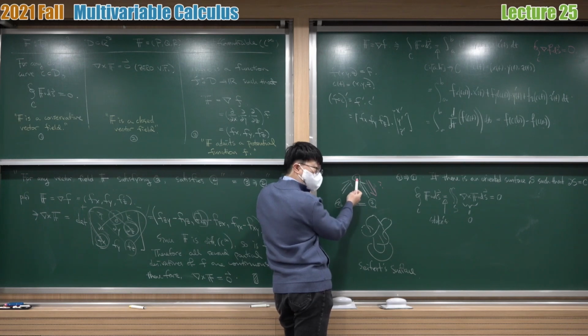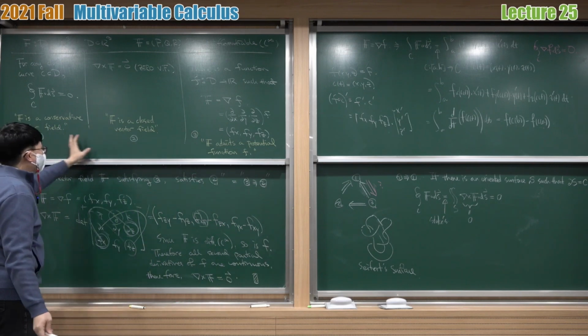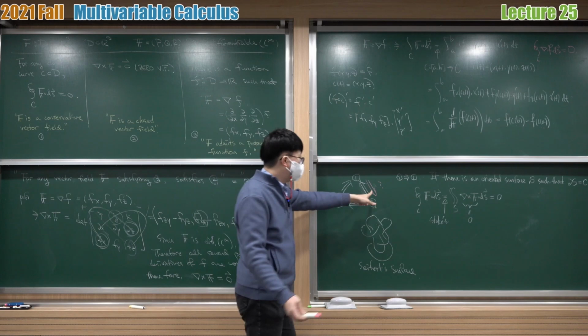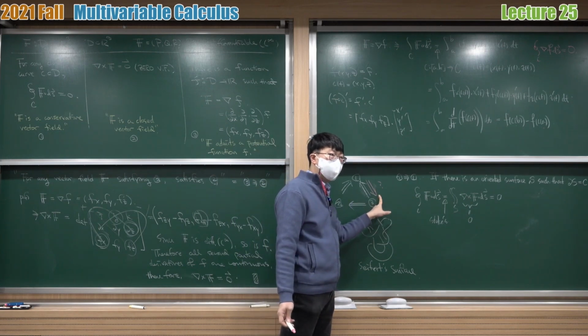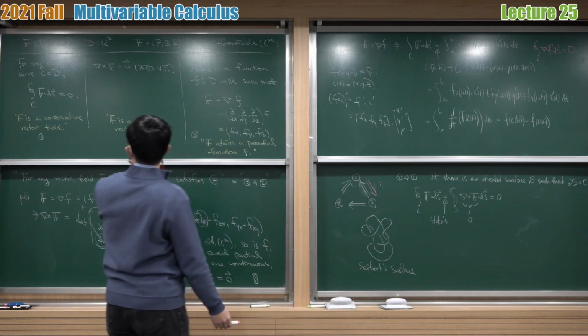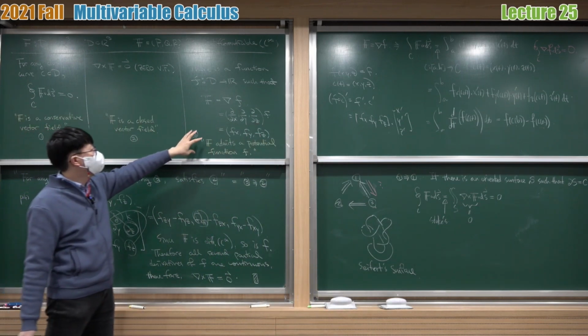So we say that 1 and 2 are equivalent conditions. Basically, there's no difference, assuming that F is a conservative vector field or F is a closed vector field, assuming that this red implication is true. So let's think about whether 1 actually implies 3.